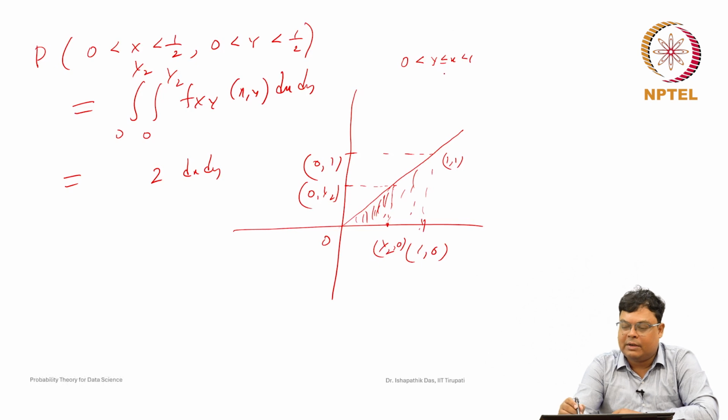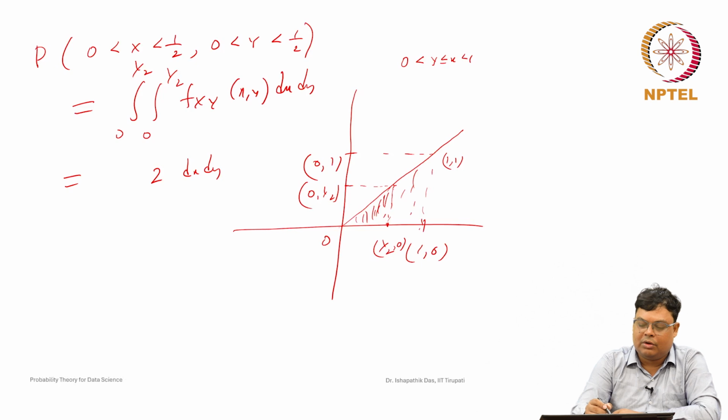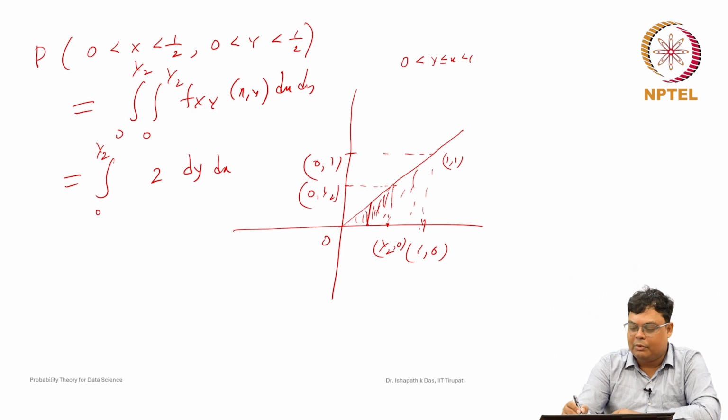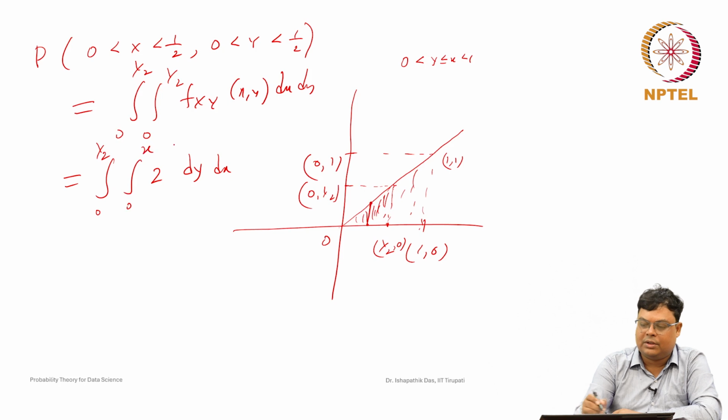So, let us take first the limit of y, then it will be a little simpler, just for computation purposes, dy dx. So x can go from 0 to half maximum, but for particular values of x, y can take values from 0 to x.